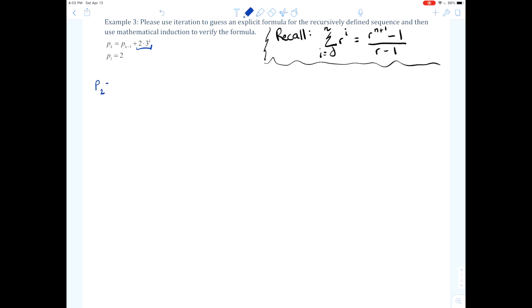So P2 is going to equal to, good, P sub 2 minus 1, I'll go a little slower at first, plus 2 times 3 to the square.